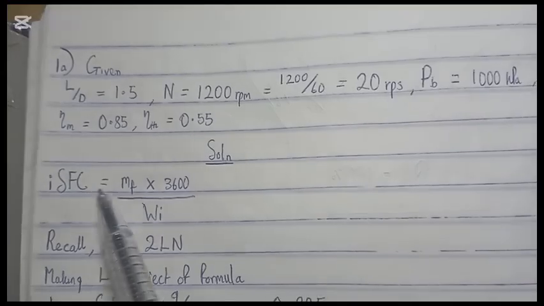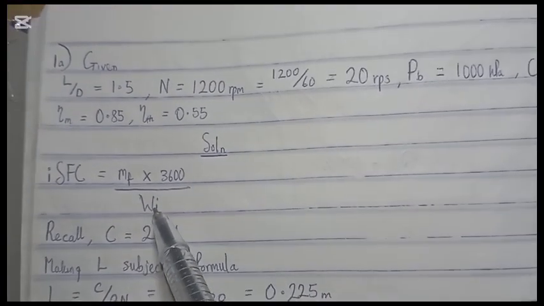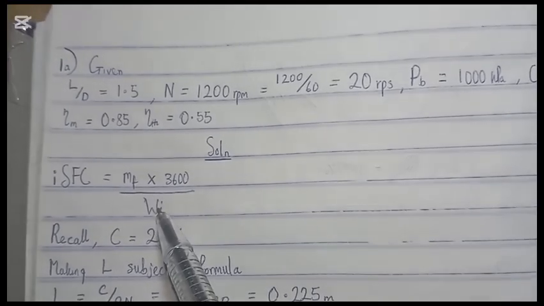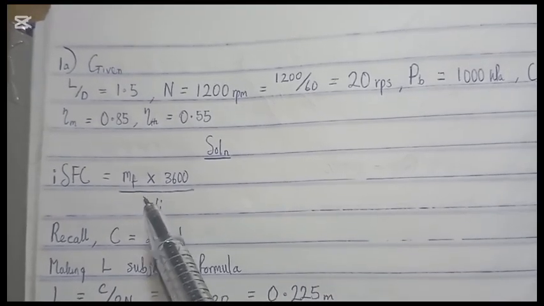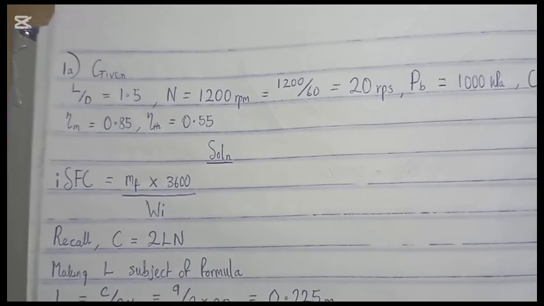We know that indicated specific fuel consumption is equal to the mass of fuel times 3600 over indicated power. But to solve for indicated power, we don't have it.